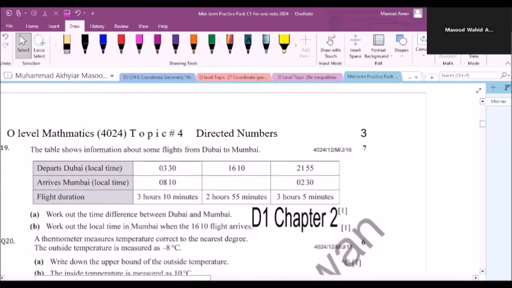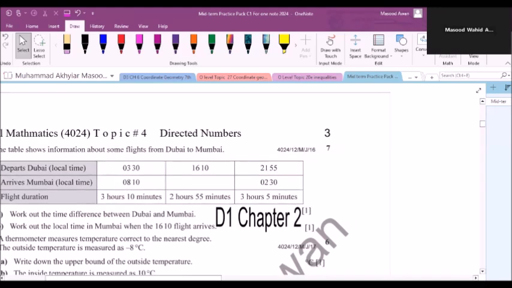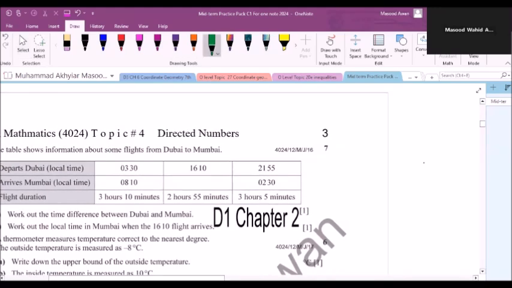This is related to time and also the difference. So we discuss this thing. Whenever you have the time difference between two places, I think the number line is the best option. This is Dubai and this is Mumbai.